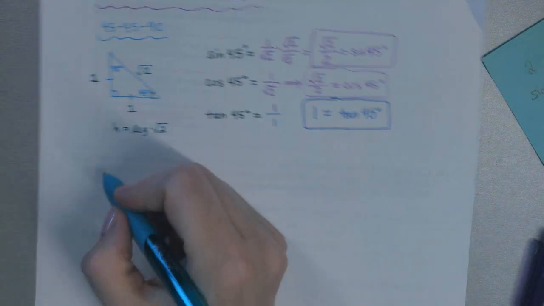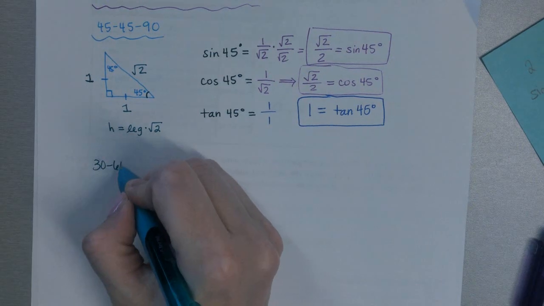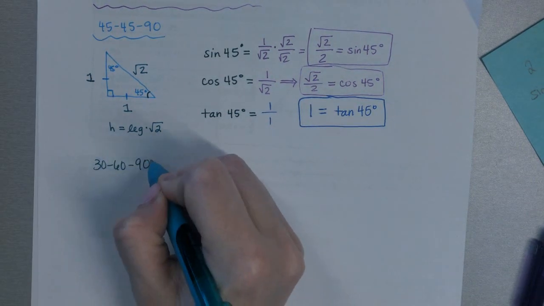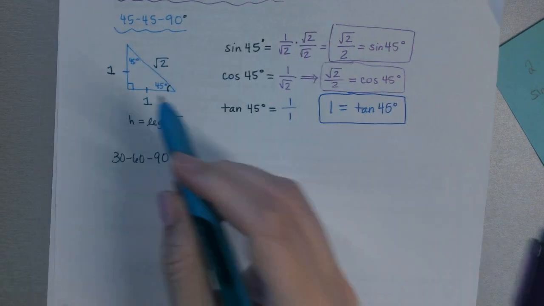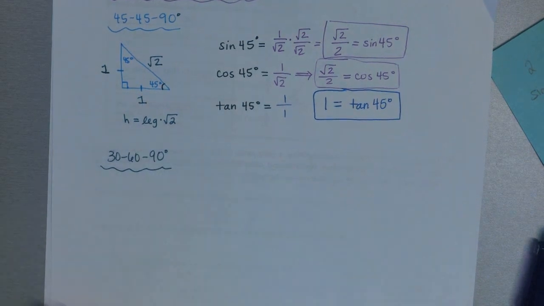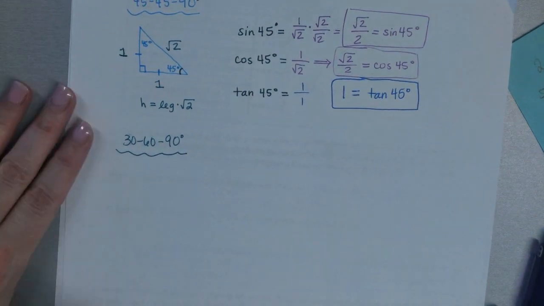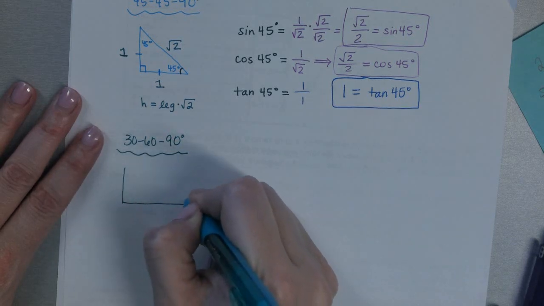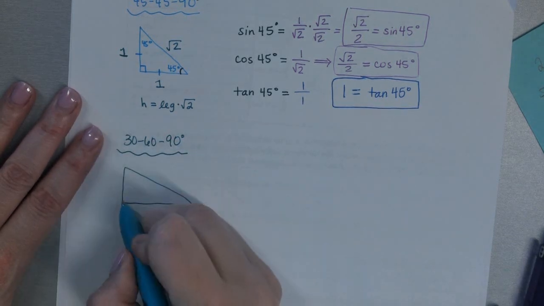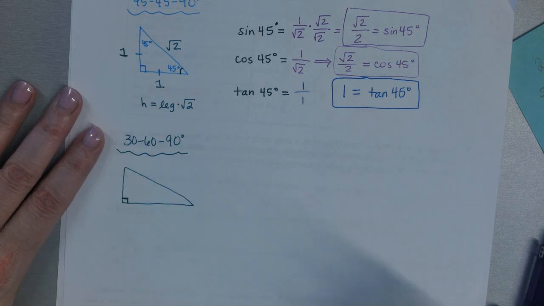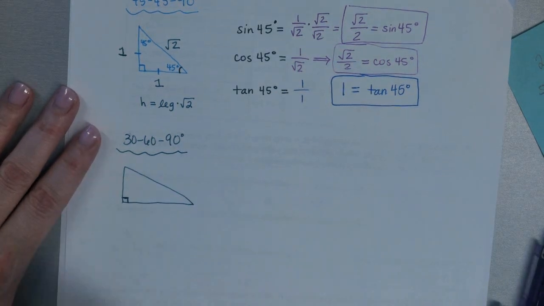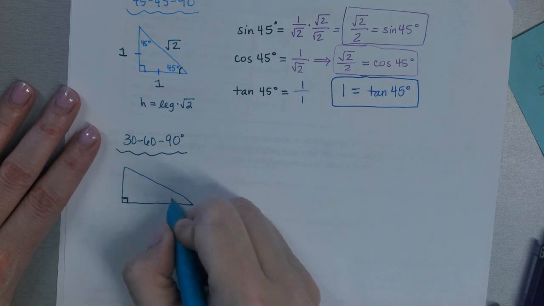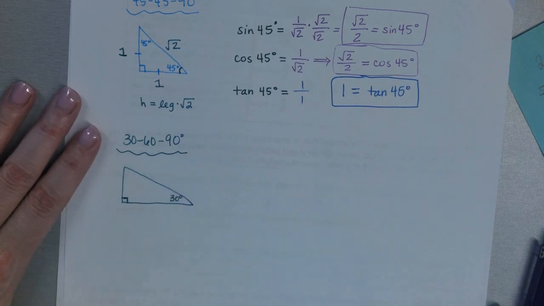Okay, so the 30, 60, 90 had a short leg and a long leg and a hypotenuse. The short leg was across from the 30-degree angle.